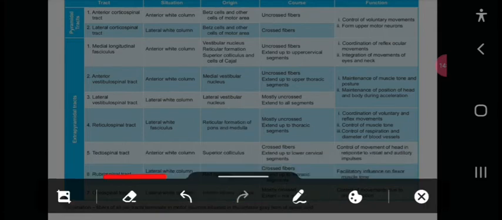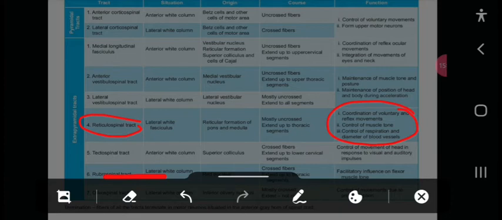Reticulospinal tract, lateral white funiculus, reticular formation of pons and medulla, mostly uncrossed, extends up to the thoracic segment. Coordination of the voluntary and reflex movements, control of muscle tone, control of respiration, diameter of blood vessels.